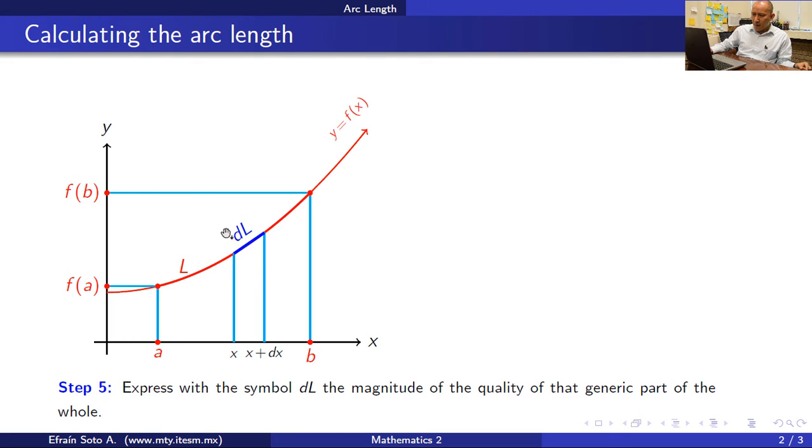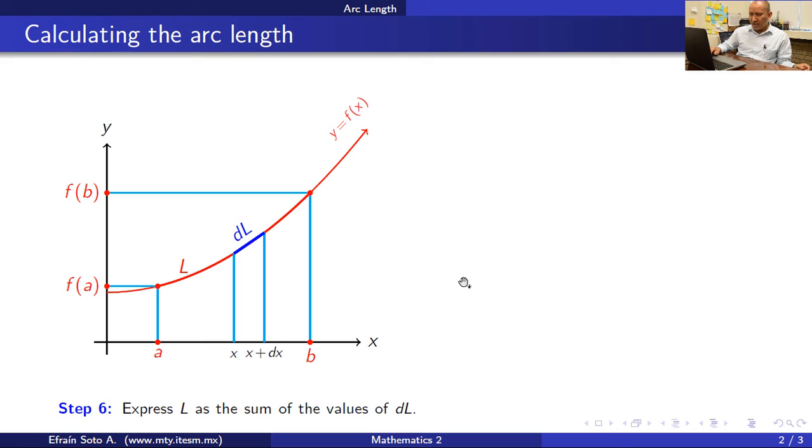If I add up all of the dL's, I will get, as a result, L. So I will express L as the sum of all the values of the dL's. So L is the sum, this S represents sum, from a to b of all the dL's. This is the length, or this is the integral sign.